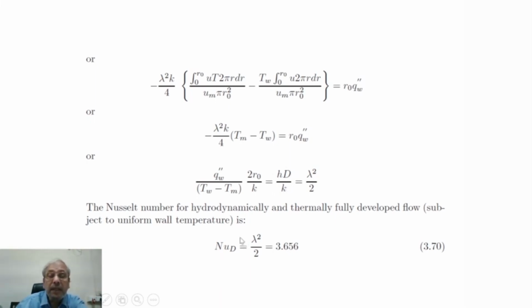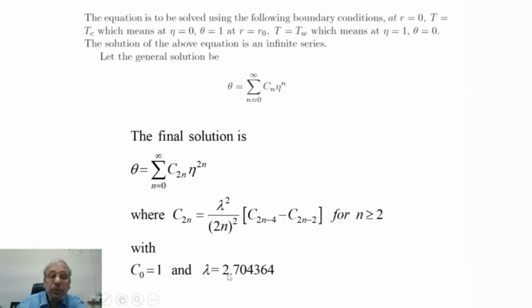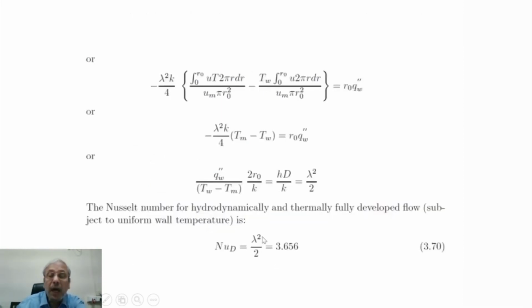So we can write Nusselt number based on tube diameter equal to lambda square by 2. And the lambda value we have already found out, 2.704364, and lambda square by 2 will give 3.656.